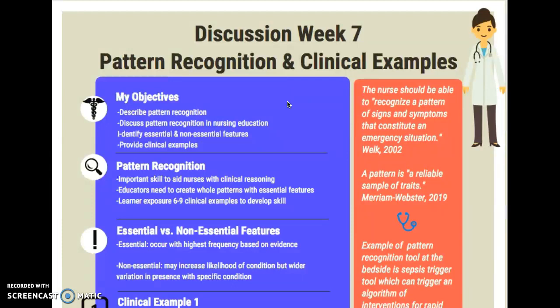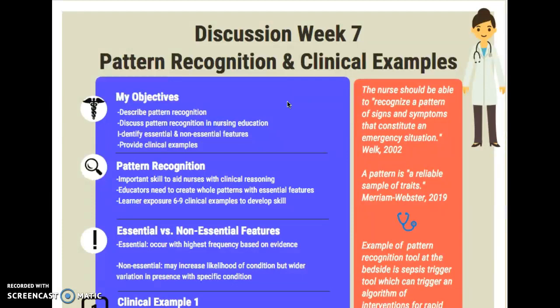So pattern recognition is an important skill to aid nurses with clinical reasoning, as we have seen in the article. Educators need to create whole patterns when they create clinical examples or clinical scenarios. They need to create a whole pattern with essential features included, as opposed to segments or partial scenarios.